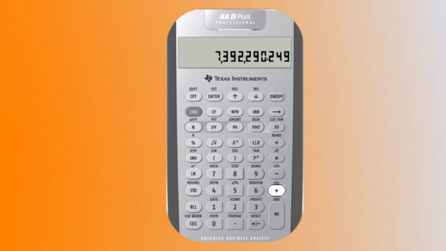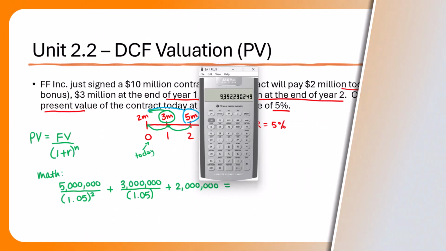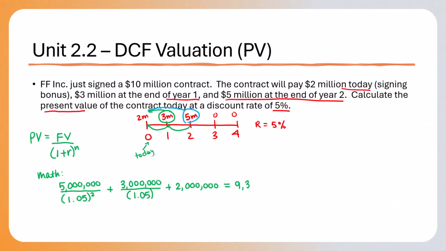Finally, to get the answer, we will simply add 2 million, the time 0 cash flow, to the answer. Thus, the value of these cash flows in present value terms is just $9,392,290.25.